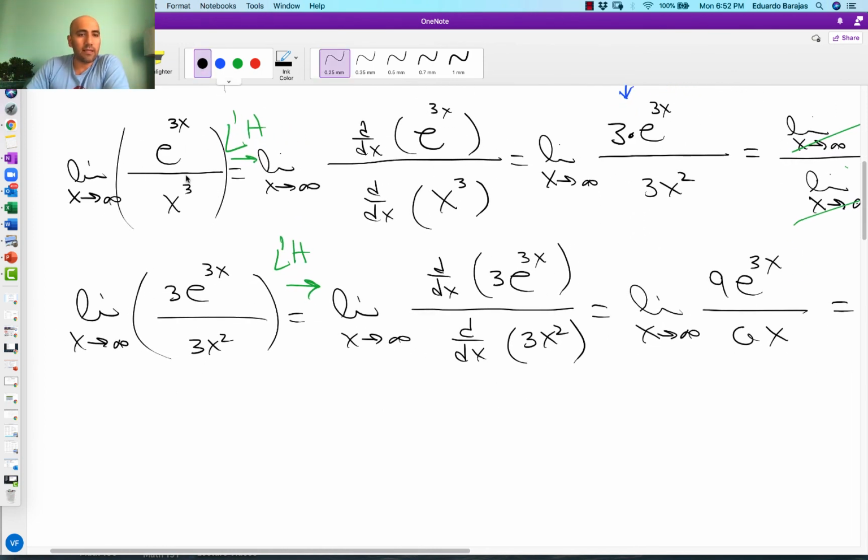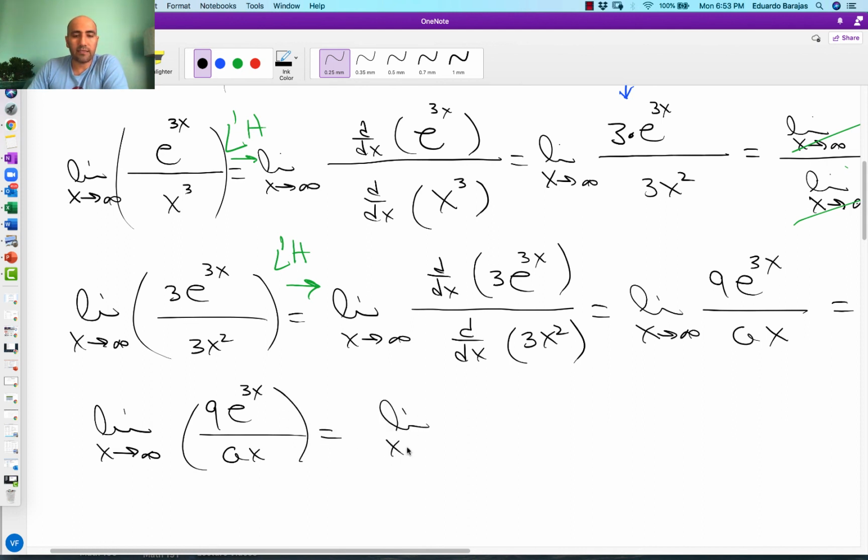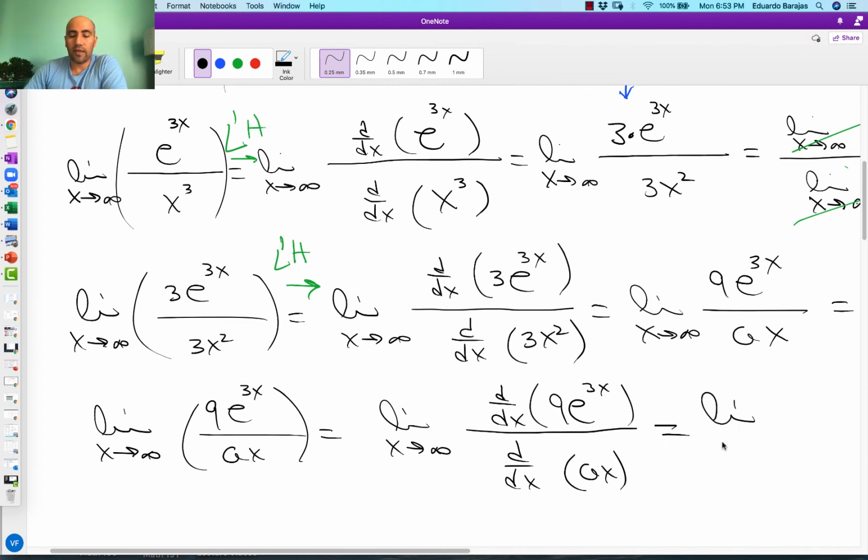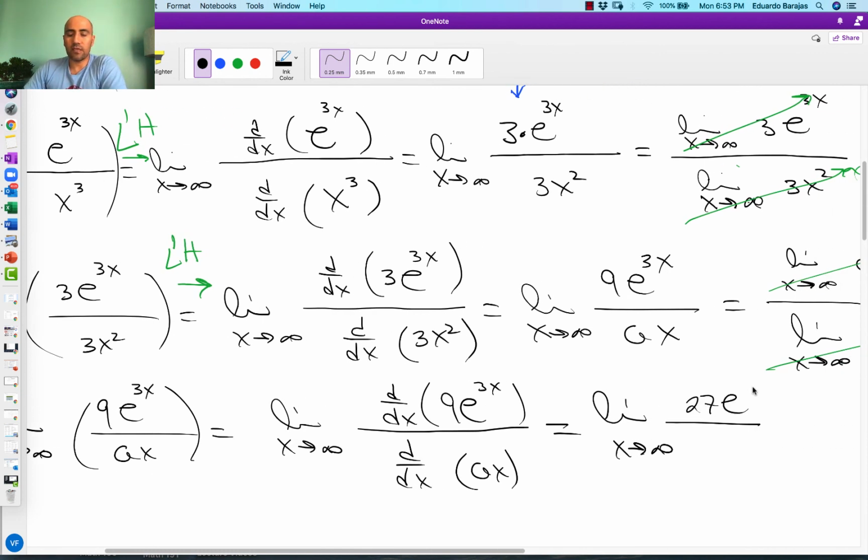That means that the limit as x approaches infinity of 9e to the 3x over 6x is equal to the limit as x approaches infinity of the derivative with respect to x of 9e to the 3x divided by the derivative with respect to x of the denominator, which was that 6x, which is then equal to the limit as x approaches infinity of 27e to the 3x divided by 6.